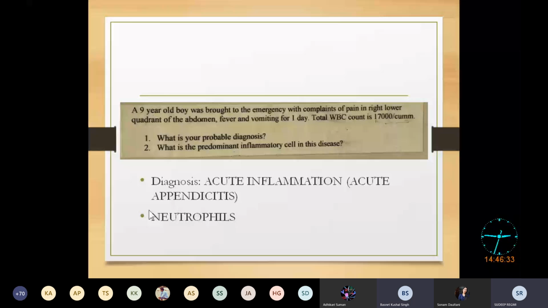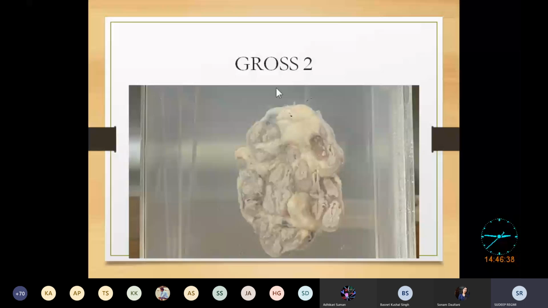Let's go to the second gross specimen. Can someone guess what this could be? Tuberculous lymph node. Very good. Can you please elaborate what features favor a tubercular lymph node?